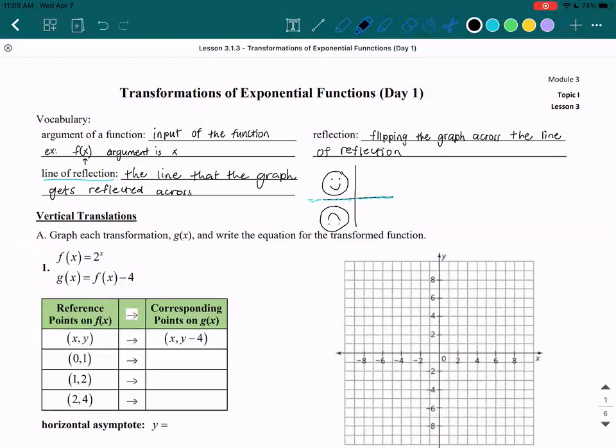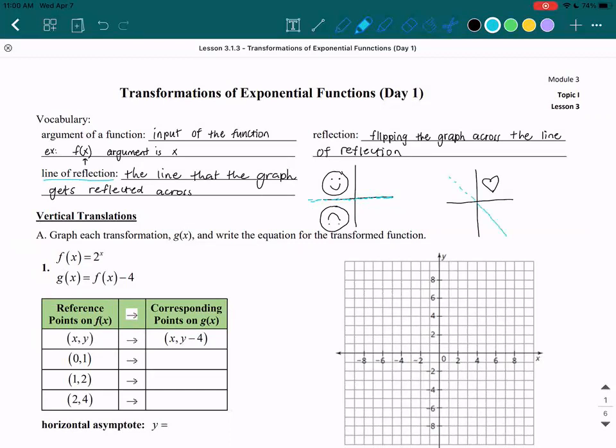Okay, and so let me just draw you one more example. So let's say I have a heart like that, and I want to reflect it over this line.